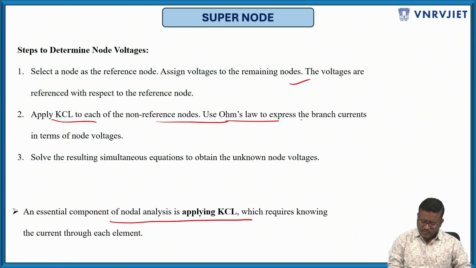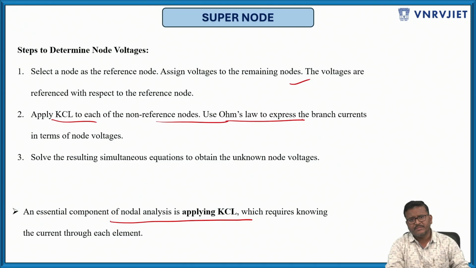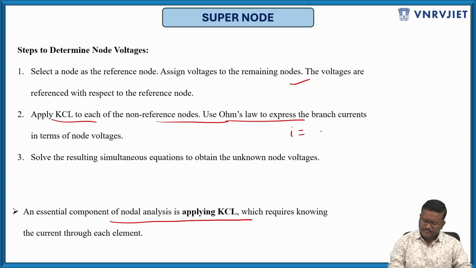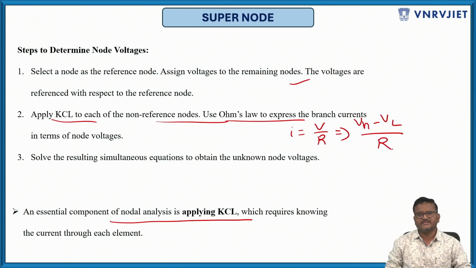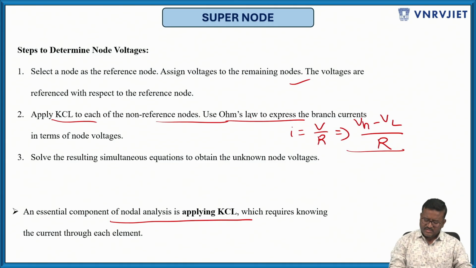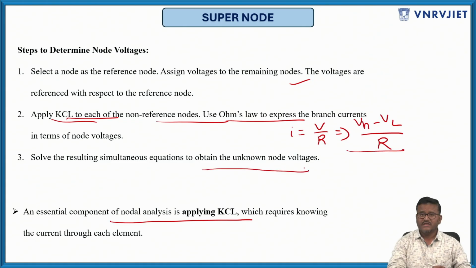Here, use Ohm's law to express the branch currents. As we know, the current relation is I equals V by R. So here we apply V higher minus V lower, divided by the resistance. Between two node voltages there is a current flow, and that current can be calculated with the formula VH minus VL by R. So KCL gives you the equations, and by solving them we can find the unknown node voltages.